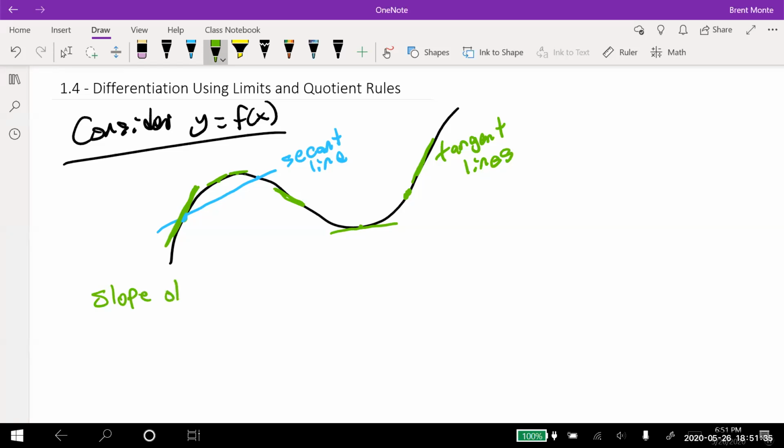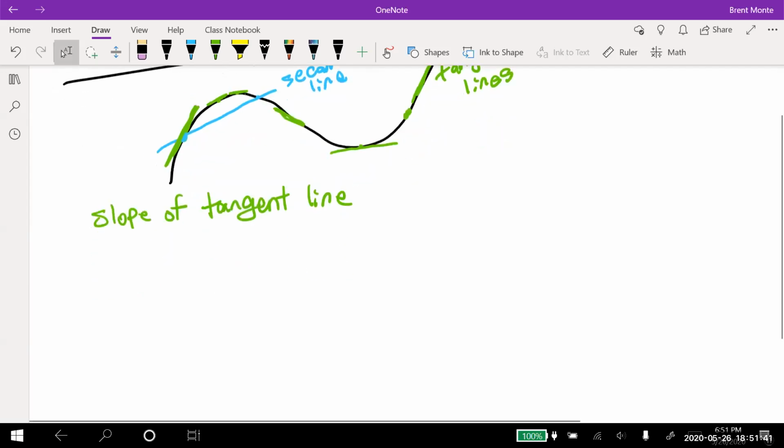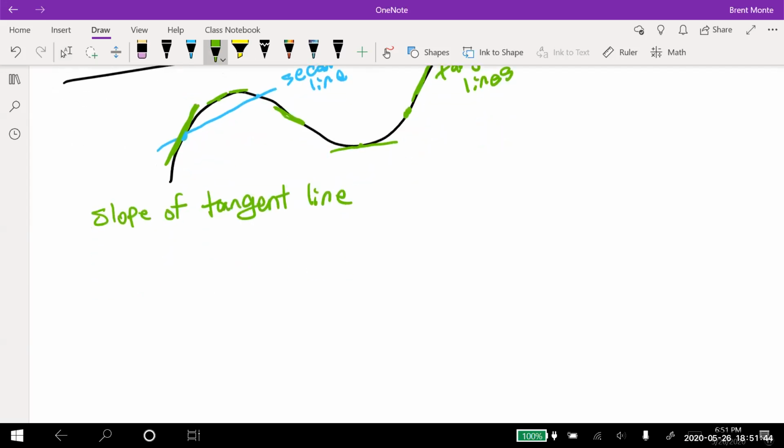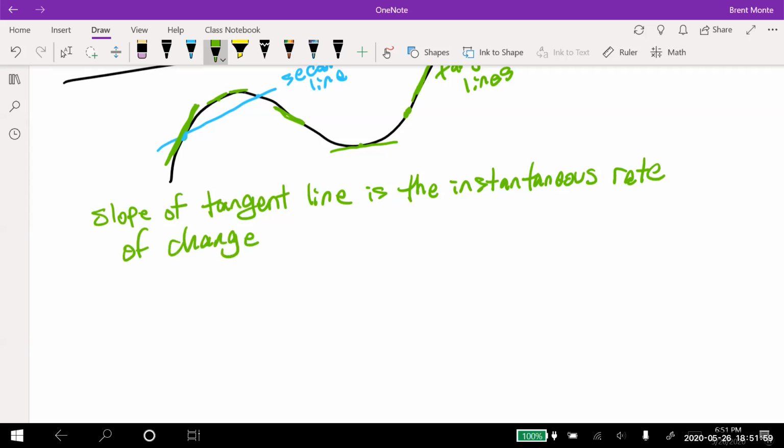The slope of the tangent line isn't the average rate of change of the function, it's the instantaneous rate of change of the function at a single point.